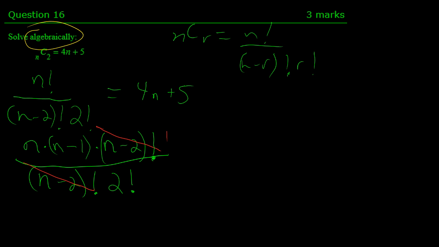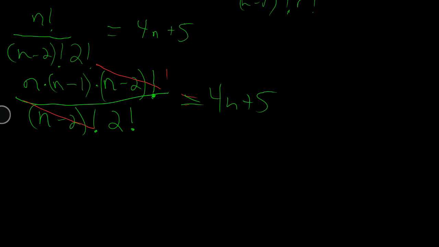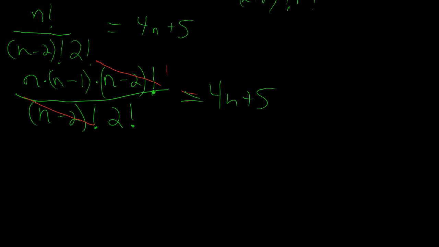The right hand side is unaffected. It is still 4n plus 5. So if we continue to do this problem, I think we got a much better equation now to deal with. So we have n times n minus 1. 2 factorial is 2 times 1, so I'm just going to put down 2.